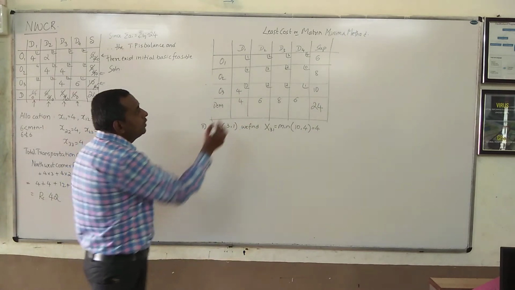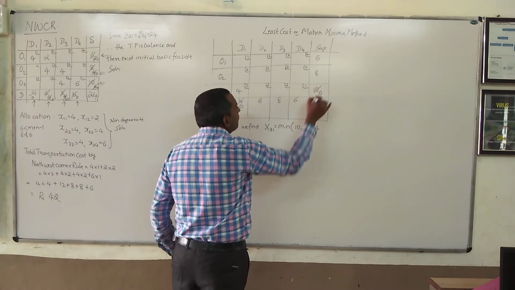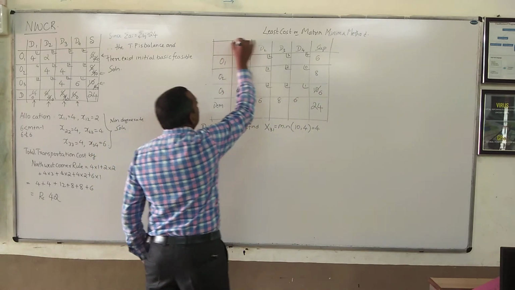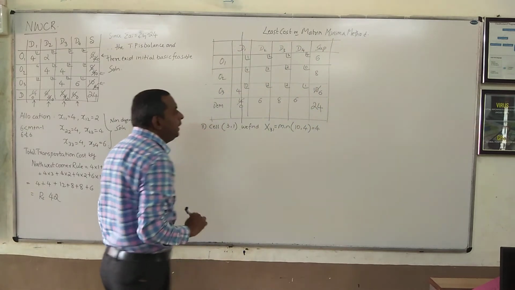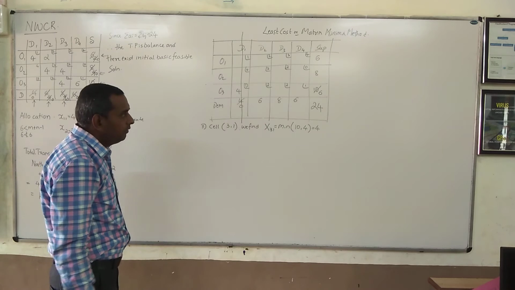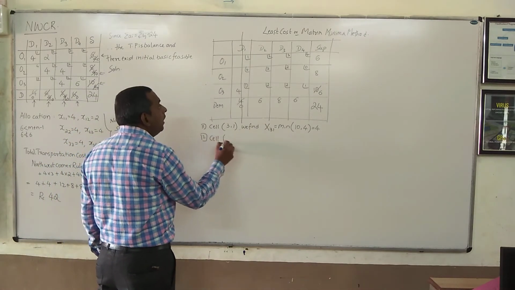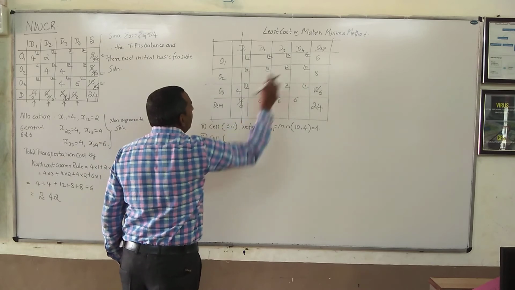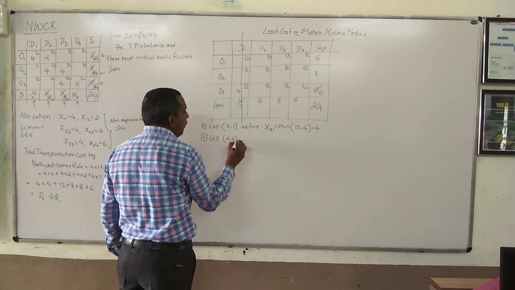What happens? This 4 minus 4 becomes 0. 10 minus 4 becomes 6. So this complete row will be exhausted. Fine. So the second allocation is done in the cell, because it is the minimum, that is 2 comma 4.